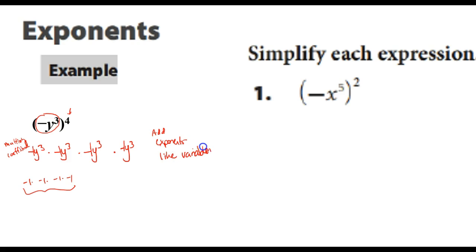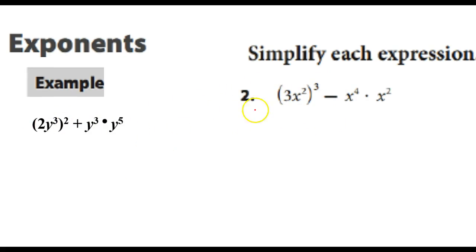Not like terms, but like variables. And here I have y, y, y, and y, and they're all y to the 3rd. So I'm going to add all these exponents together. So I'll multiply this out. -1 times -1 times -1 times -1, which would be +1, and that would be y, 3 plus 3 plus 3 plus 3, y to the 12th. Alright, go ahead and use that to solve out for number 1.